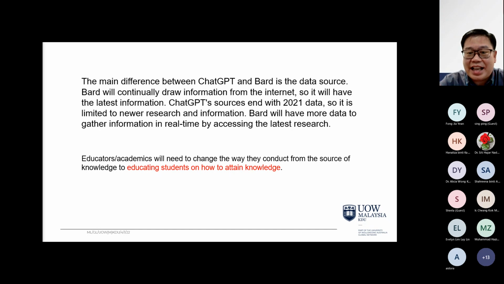Now with AI, the comprehension part is really assisted. So it is our role to teach students how to attain what is legitimate and correct information, and how to use it in the correct environment and context. That is what I see. I'm a strong believer that we cannot hide. We need to adapt. We need to embrace this technology itself.